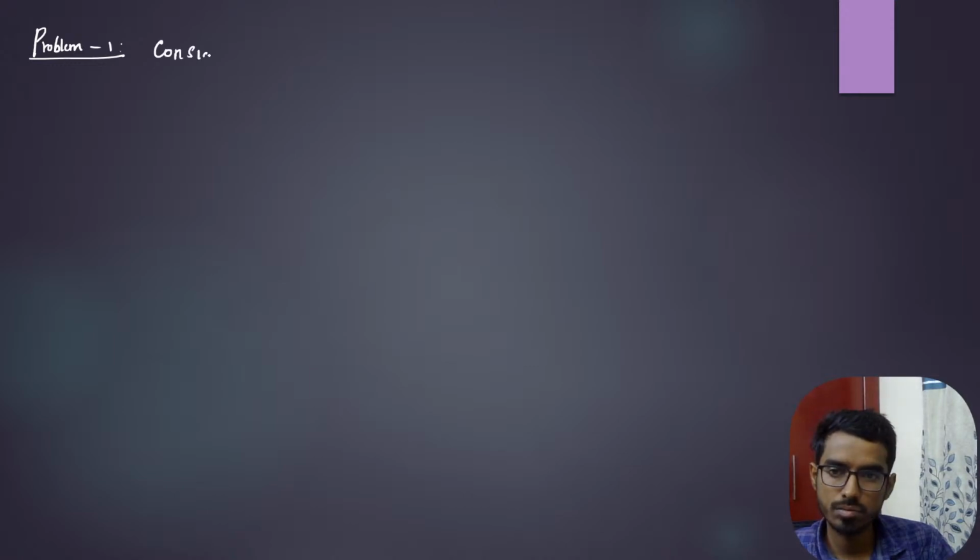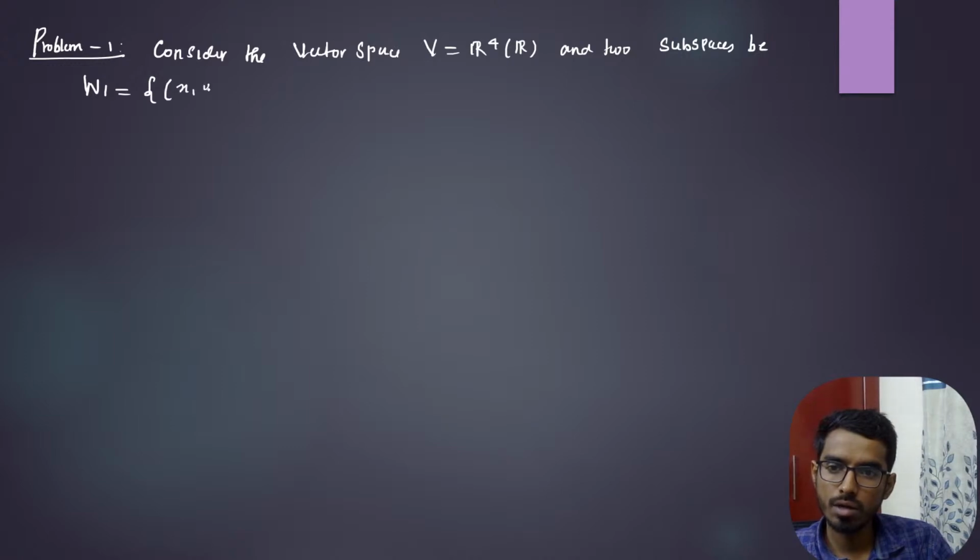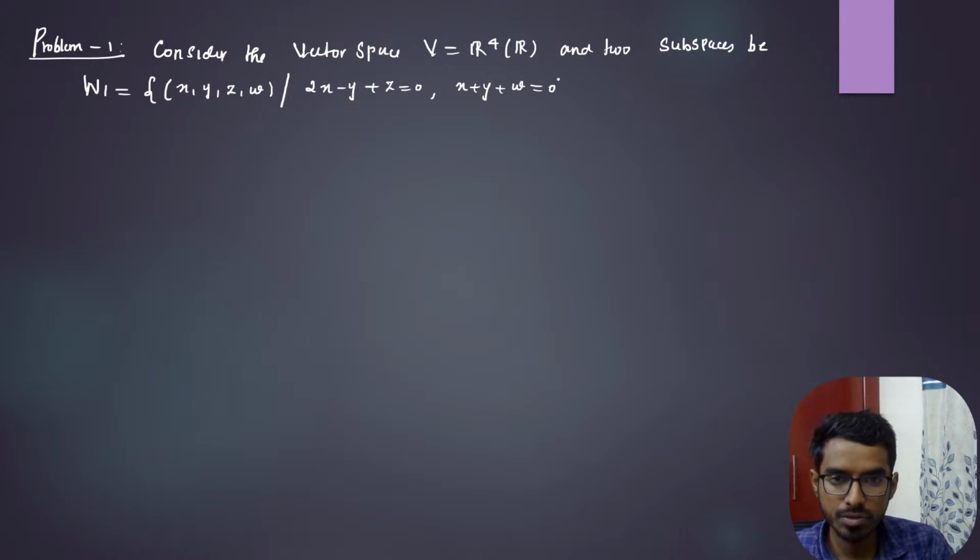Consider the vector space R4 over R, and two subspaces. I have two subspaces: W1, which is all those x, y, z, w such that 2x minus y plus z is equal to 0, comma x plus y plus w is equal to 0.